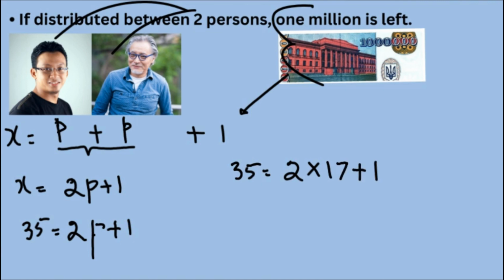Meaning this guy gets 17 millions and the other one gets 17 millions. 17 plus 17, 34 plus 1 left. So altogether 35 millions. In this case, each one got 17 millions. Earlier, 5 members, 5 sevens, 35.